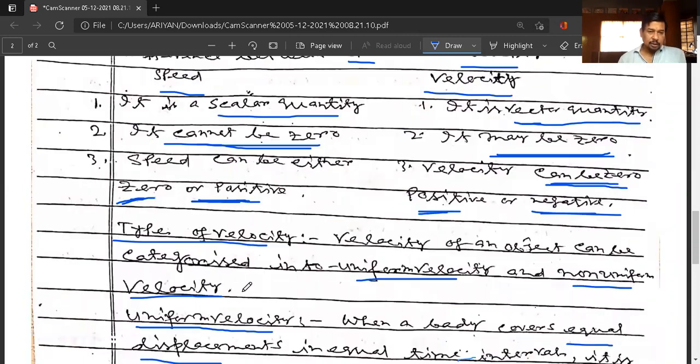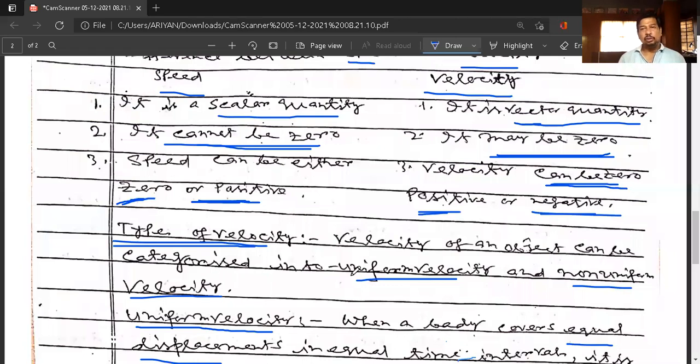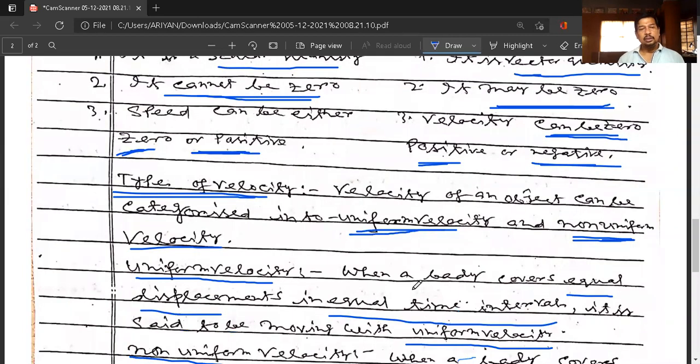Types of velocity: there are two types of velocity, uniform velocity and non-uniform velocity. Uniform velocity: when a body covers equal distance in equal intervals of time, it is called uniform velocity.